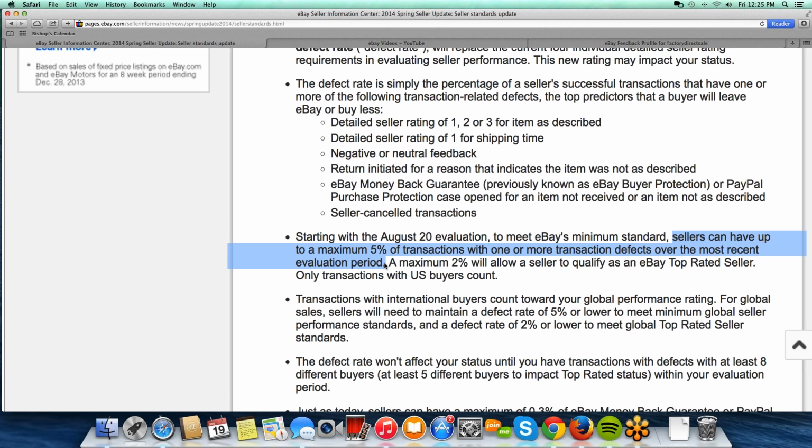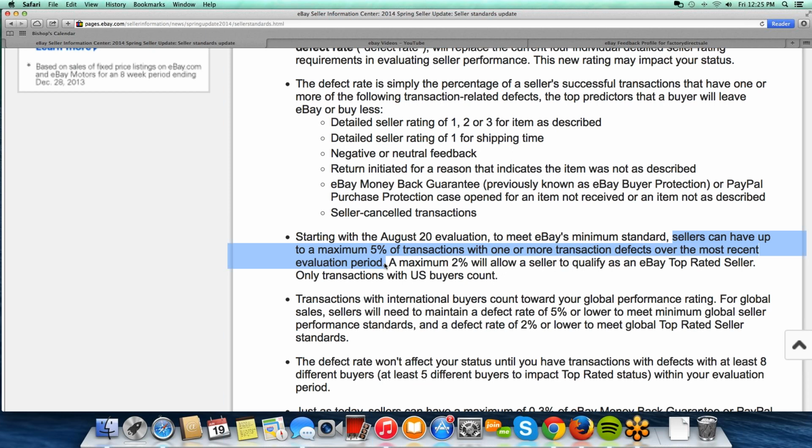Now, here's my biggest strategy for you guys in order to avoid the defect rate, right? We shared that already. The cancellation is the biggest reason why you guys get defects, right? Because you initiate these cancellations because you run out of stock. And I just said a minute ago that sometimes you can't avoid that at all. It's just going to happen.